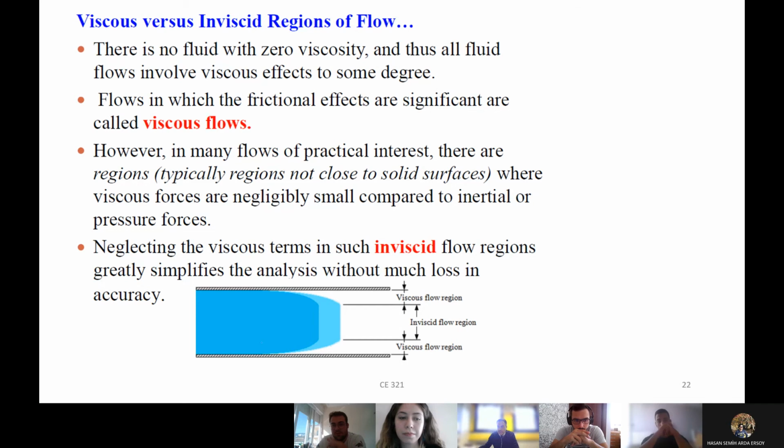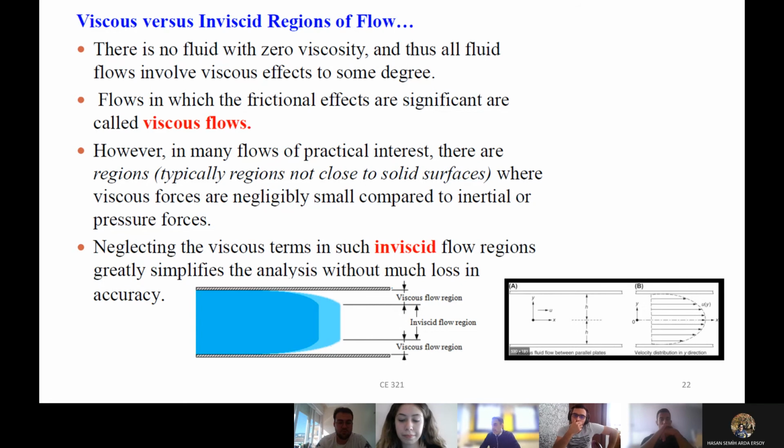For example, this is motion of water in a tube or pipe. As I told, the flow in the middle part can be considered inviscid, but the parts close to the pipe walls have viscous flow.